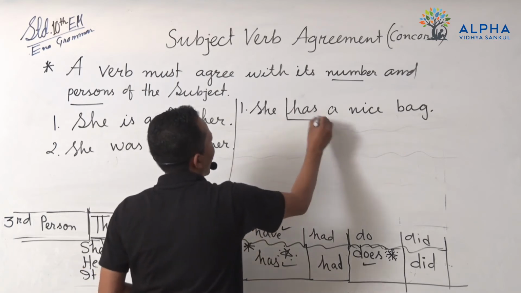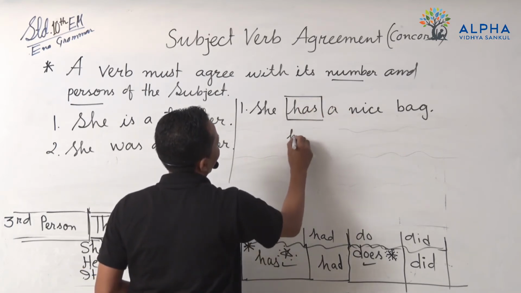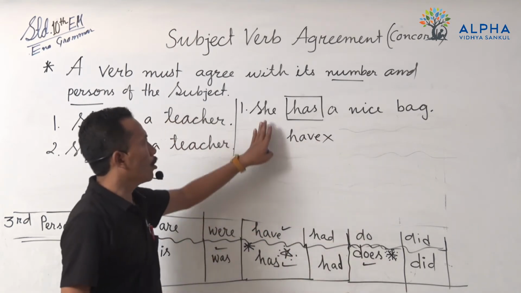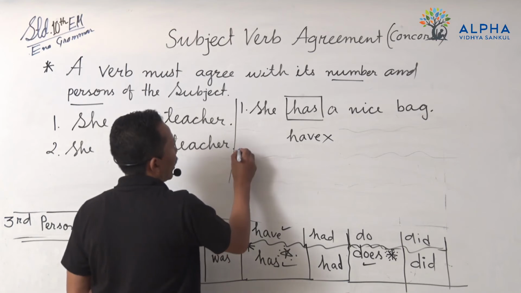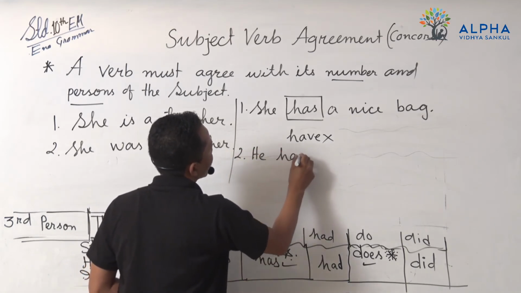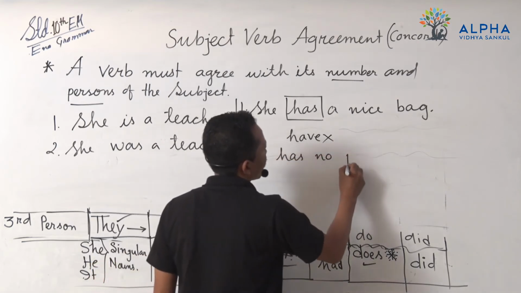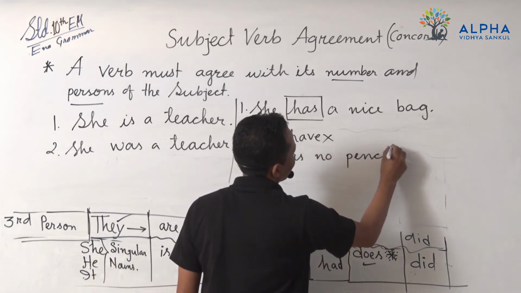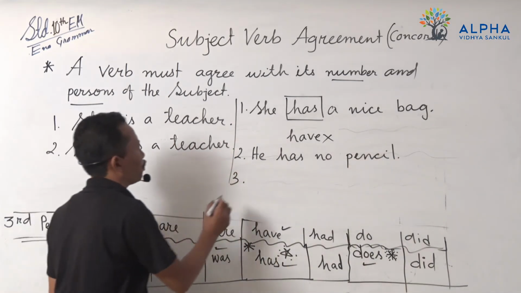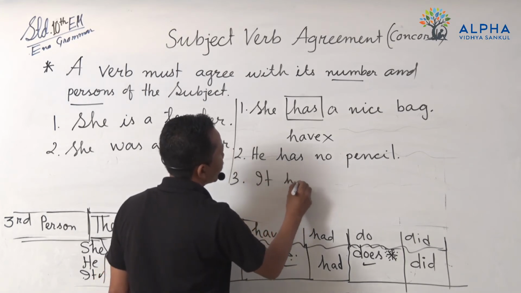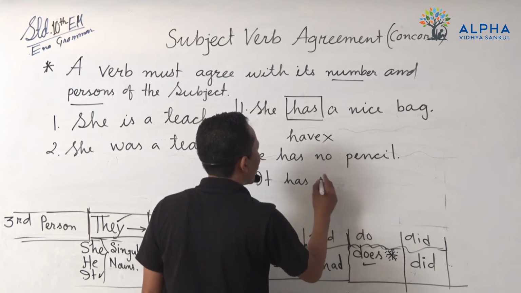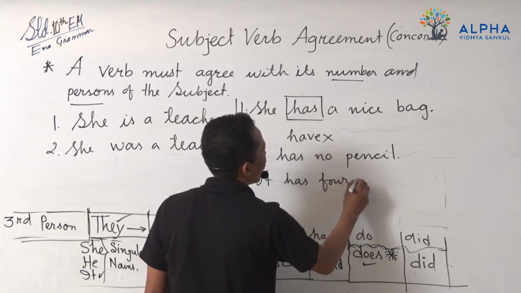Students, here, if you write "have," then your answer is wrong. Always, she, and if it is he, also same. He has no pencil. And number three, for the third person, it. It has four legs.